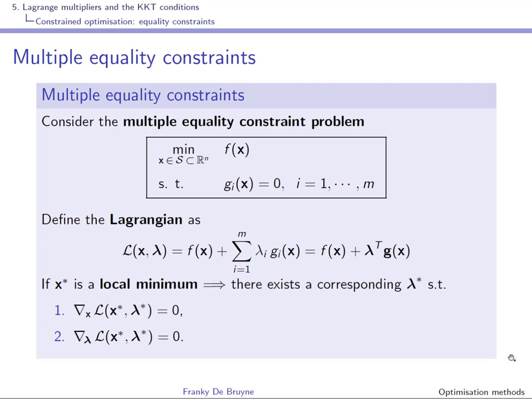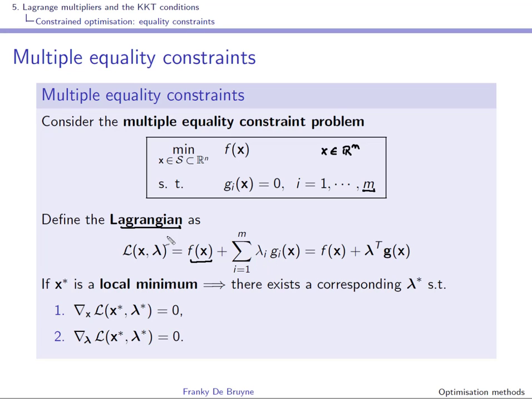If you have a constraint problem with multiple equality constraints, you can use the same trick. Here we have m constraints and the number of variables is n because x is in R^n. So what you can do is define the Lagrangian function. It's the original objective function where you add a number of terms, and each term is an equality constraint multiplied by a Lagrange multiplier.